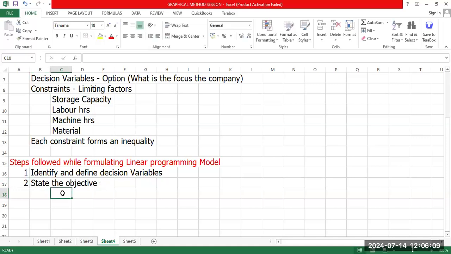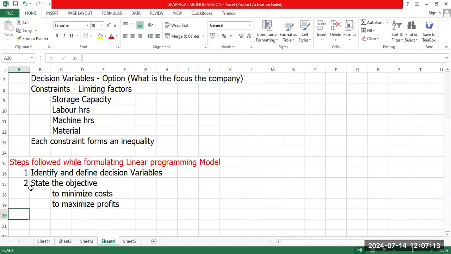The objective is always either to minimize costs, or to maximize profits. That is always our objective when we are dealing with a linear programming question.